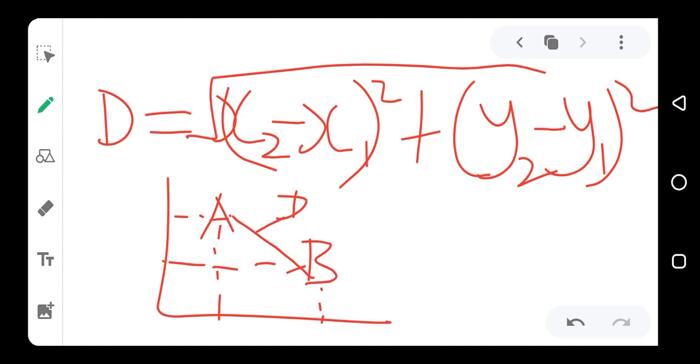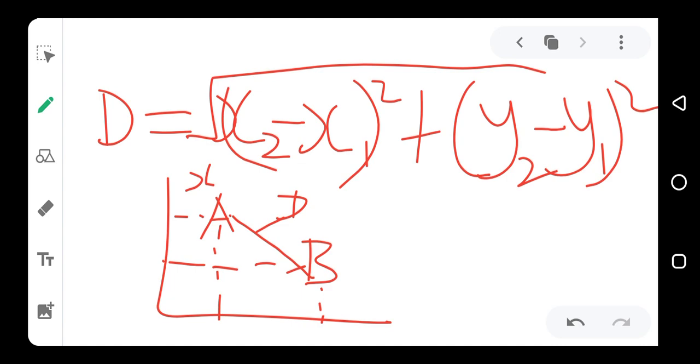Now the position of A, every point has x and y coordinates. For A, which is the first coordinate, the x value is x1 and the y value is y1.